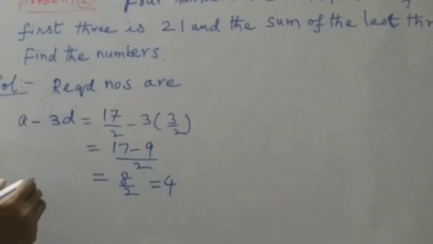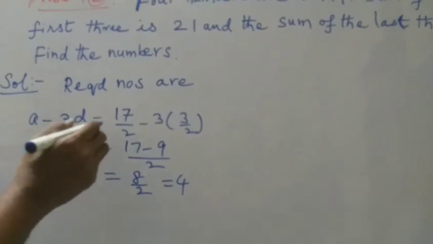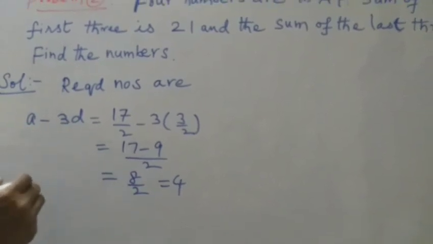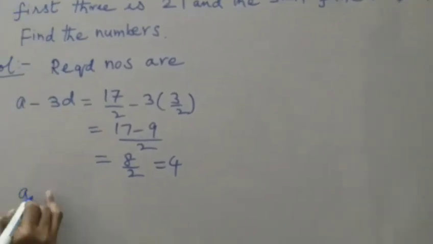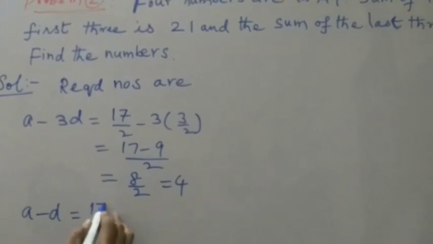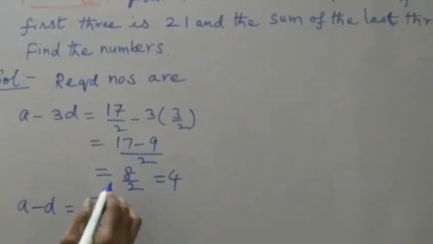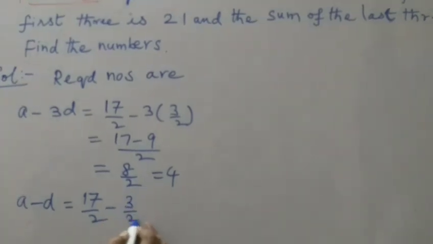Similarly, we find a minus d. a is equal to 17 by 2 and d is equal to 3 by 2, so 17 by 2 minus 3 by 2.